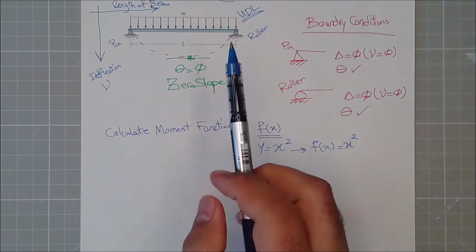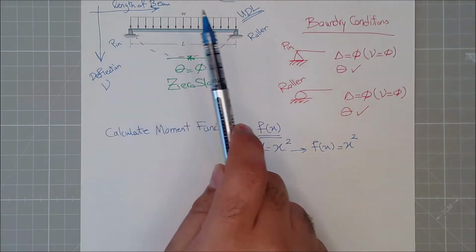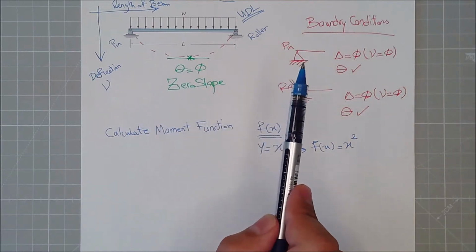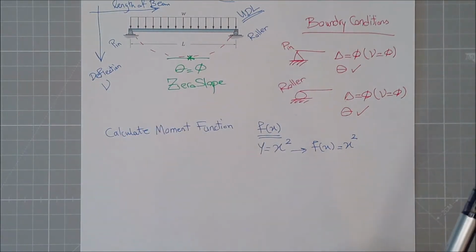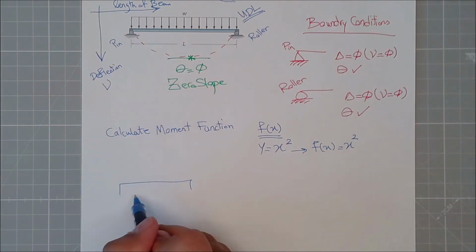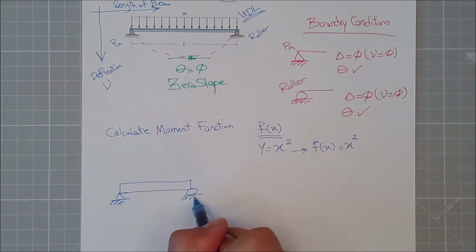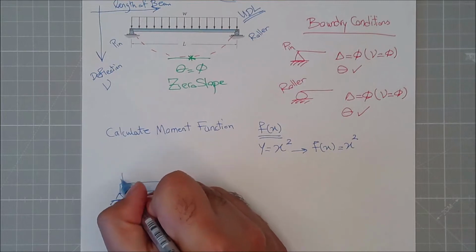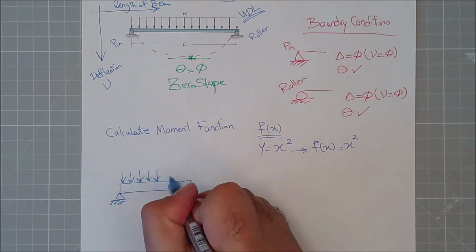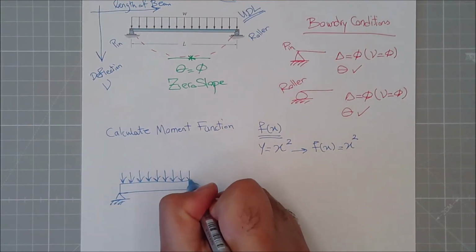So I want to formulate the moment function of this beam, and we already know it from lecture 5. Let's see what we were doing. I'll draw the idealized shape, the free body diagram of it: the pins that I have, and the uniformly distributed load that I have on it.